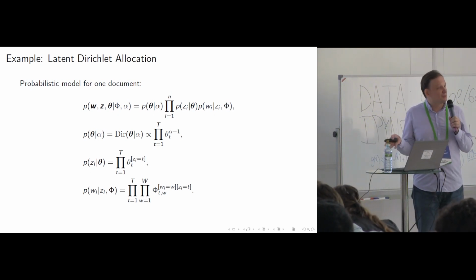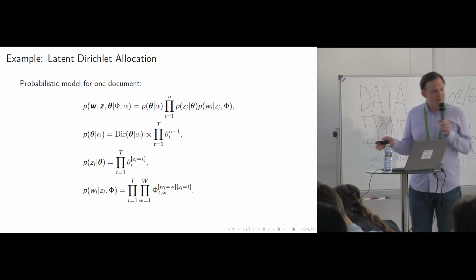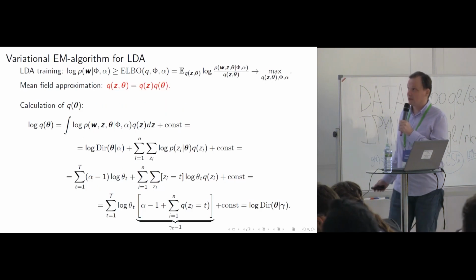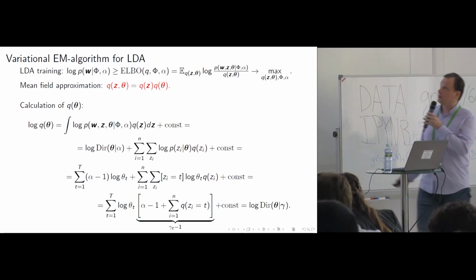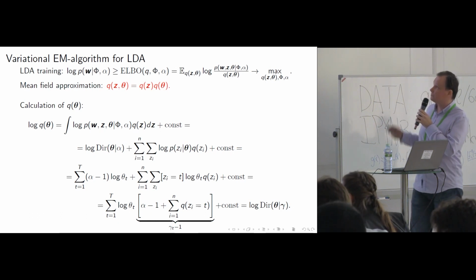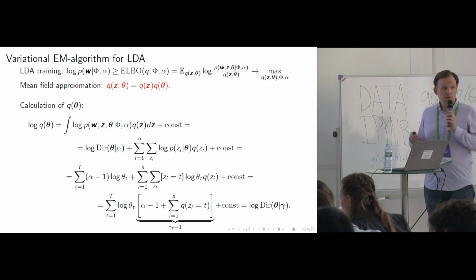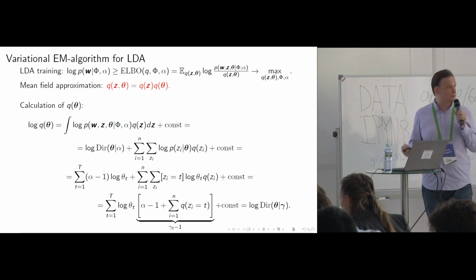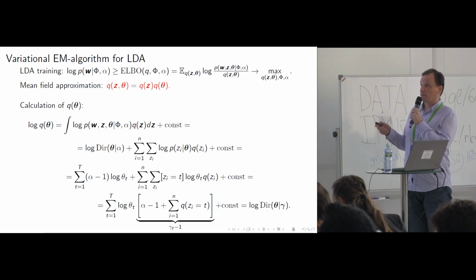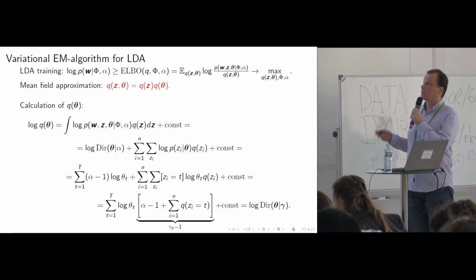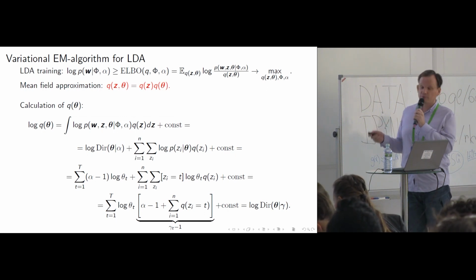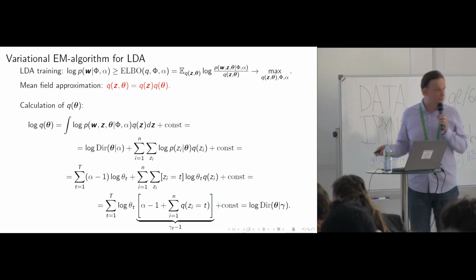To the current moment, we know only one approximate Bayesian inference algorithm, the mean field variational approximation. Okay, let's try to apply this. As always, we consider the ELBO maximization problem and put our factorization assumption on the family Q for the posterior approximation. The assumption is that these two groups of variables, Z and theta, are independent within this distribution.